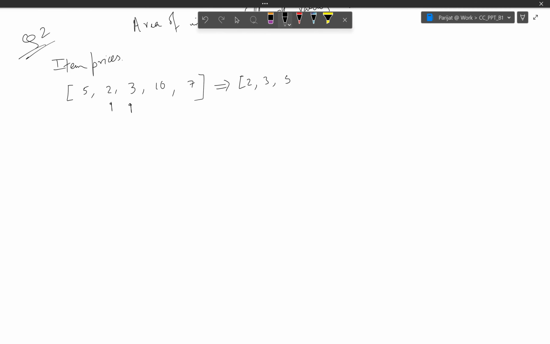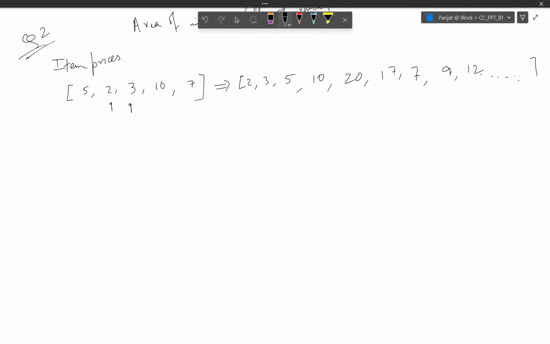If you sell both, you can get 5. If you sell the first 3 items, you can get 10. If you sell the first 4 items, you can get 20. If you sell the last 2 items, you can get 17. If you sell just the last item, 7. So different combinations can be there, right?